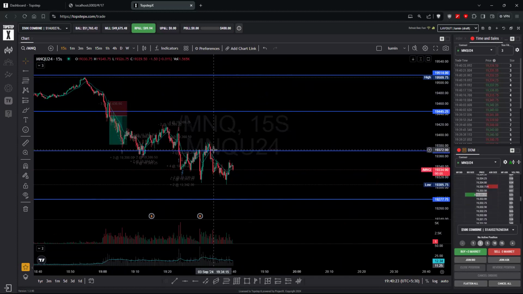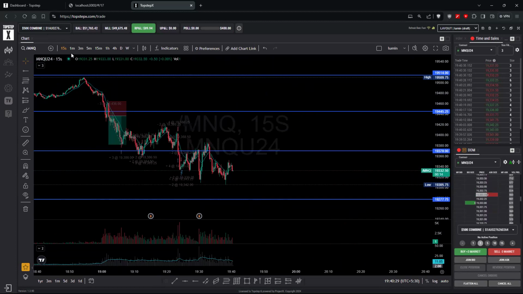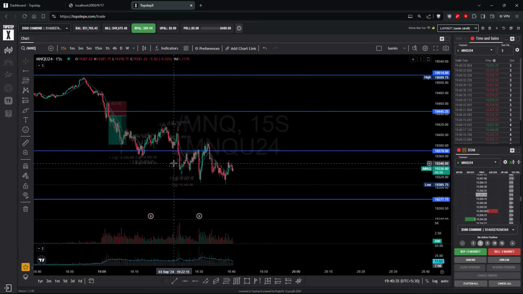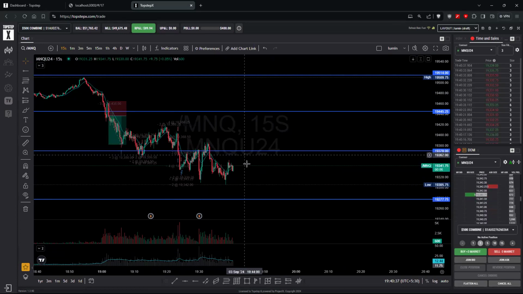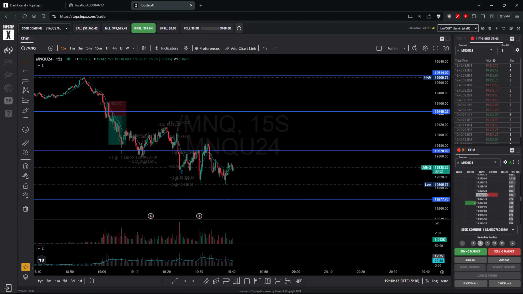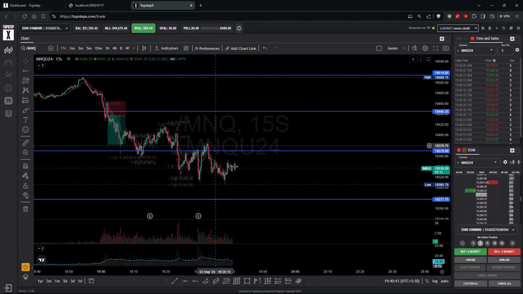So that's why I majorly give importance to my hourly levels. Like at the opening hour, these are the main points of interest for me, and they usually work pretty well, as you can see here.